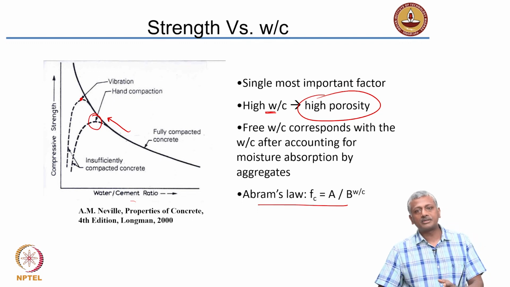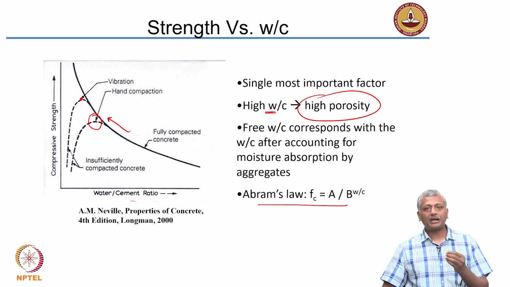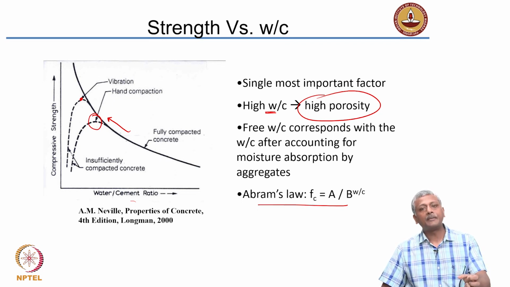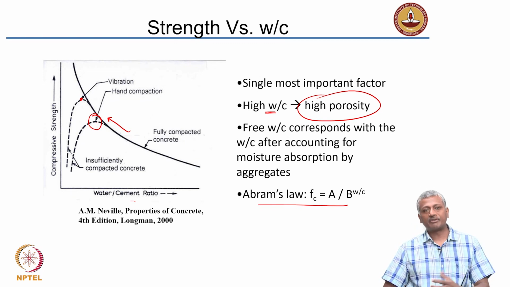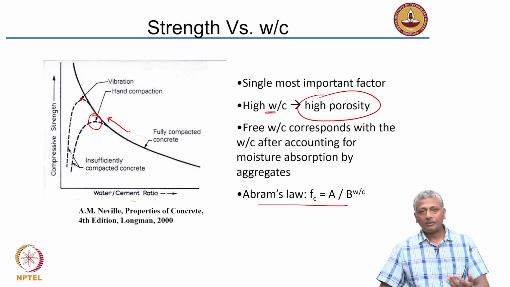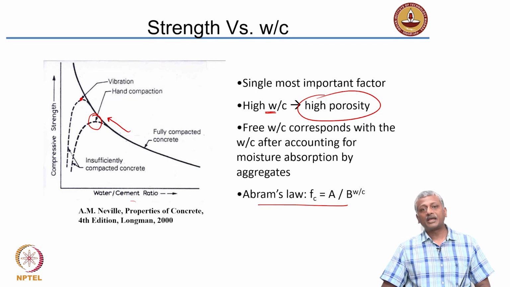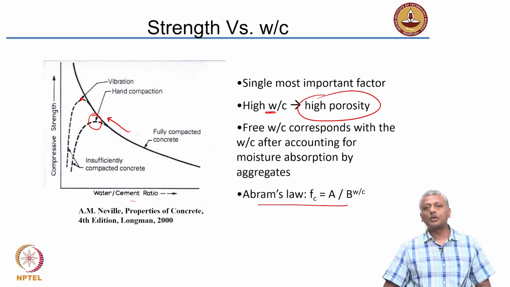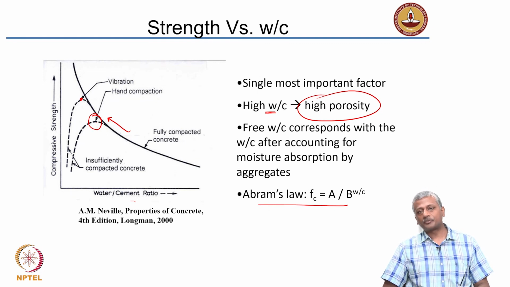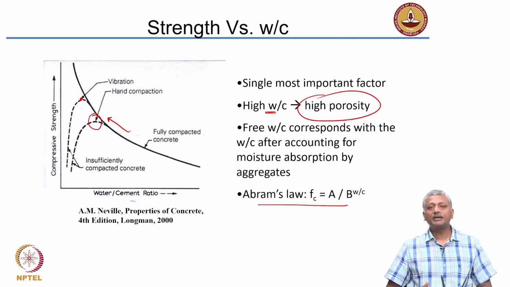What is free water to cement ratio? It is the water that is remaining after accounting for the water that has been absorbed by the aggregate, coarse and fine aggregate. We talked about water absorption of aggregate being an important characteristic to determine and what role it plays in controlling the mix characteristics on dry days or rainy days. We talked about that previously. So, here free water cement ratio is whatever is remaining after accounting for that absorption.